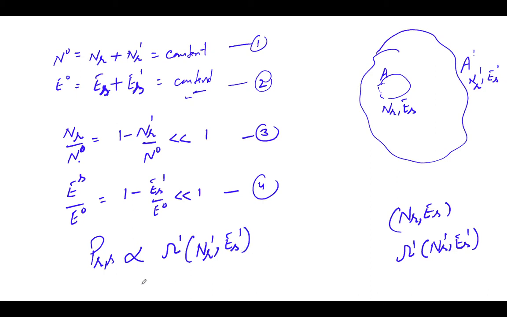This we can write down as Ω'(N0 − Nr, E0 − Es). Now taking the log of this equation, if we solve this omega value, from that we can find out the probability distribution.